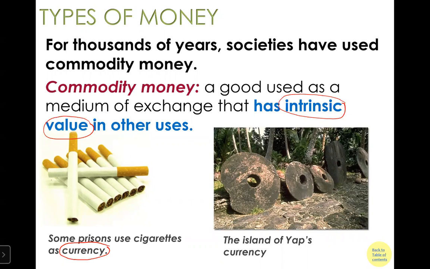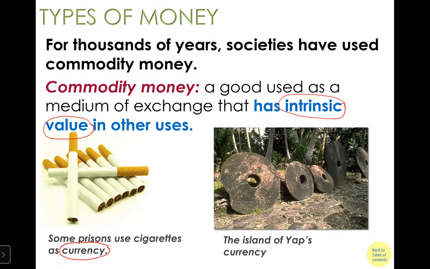Secondly is store of value. The cigarette can last if you keep them properly, for months or maybe years, so that serves as a store of value. And third, it must work as a unit of account, right?